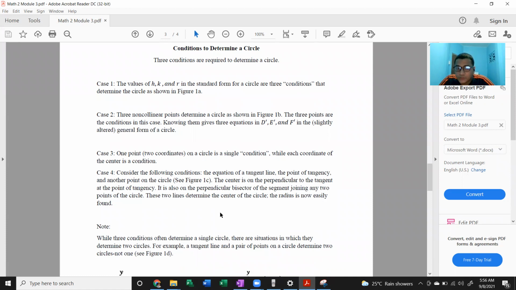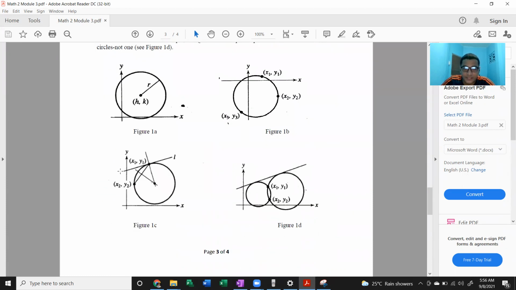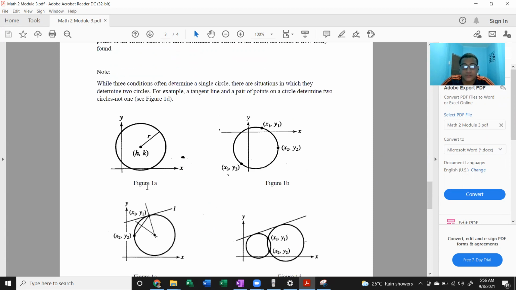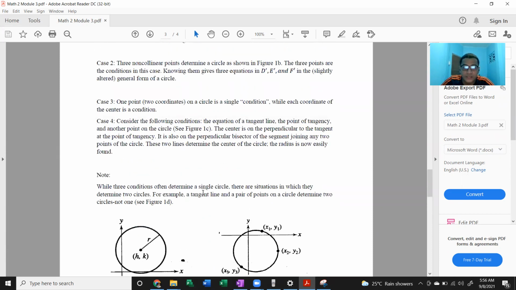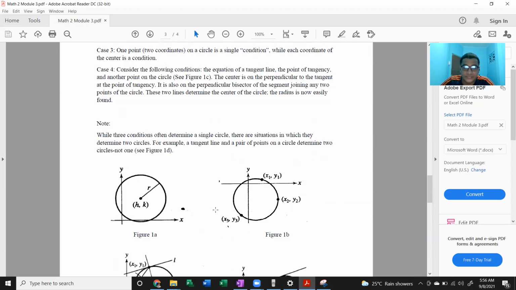Consider the following conditions: the equation of a tangent line, the point of tangency, and another point on the circle. Okay, like this. So how does it work? The center is on the perpendicular to the tangent at the point of tangency.